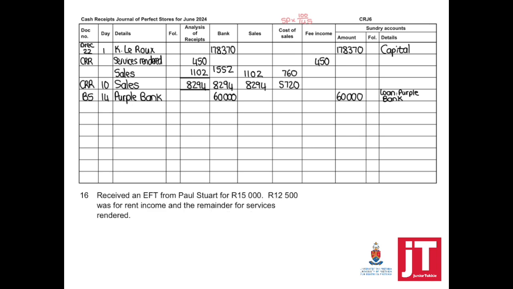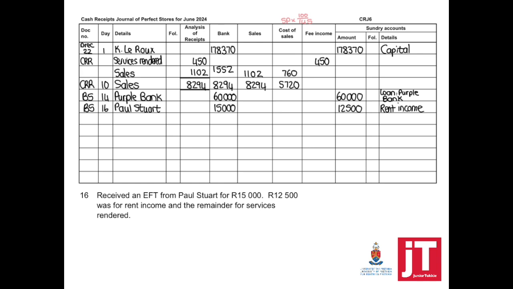On day 16, received an EFT from Paul Stewart for $15,000. $12,500 was for rent income and the remainder for services rendered. Just because you see the word EFT doesn't mean it's in the CPJ. It specifically said there, keyword, received an EFT. So this goes into our cash receipts journal.